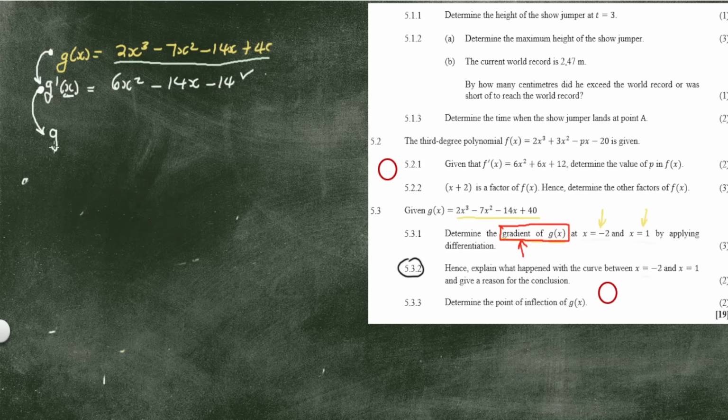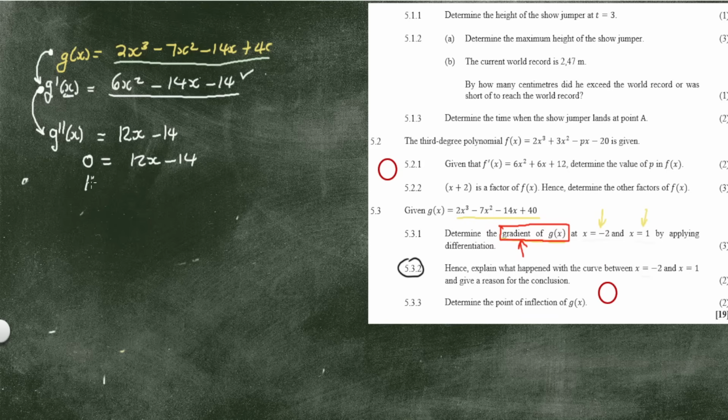So the second derivative is equal to, differentiating: 2 times 6 is 12x, 1 times 14 is minus 14x, and then no x, it's just 14. Then we equate it to 0 and solve for x.